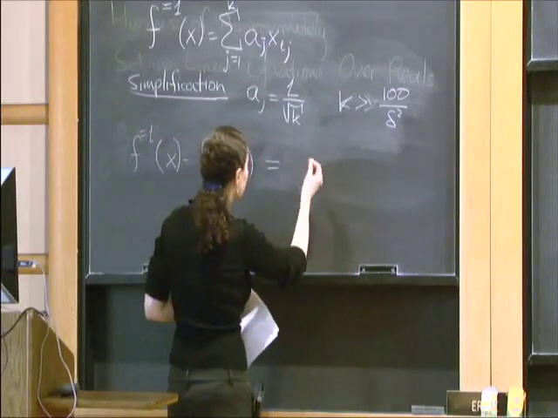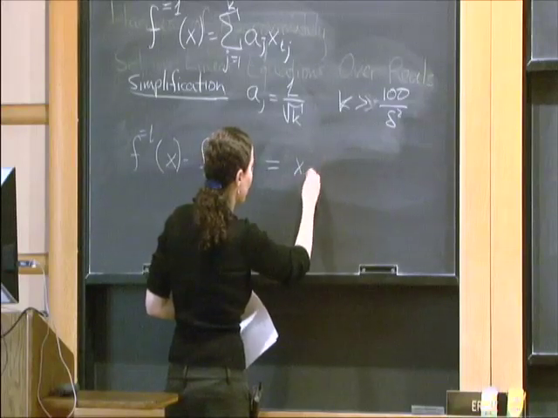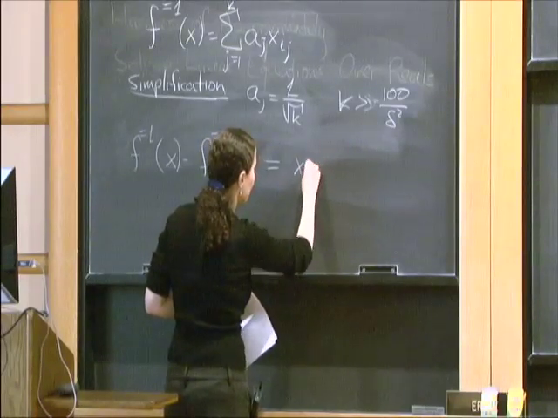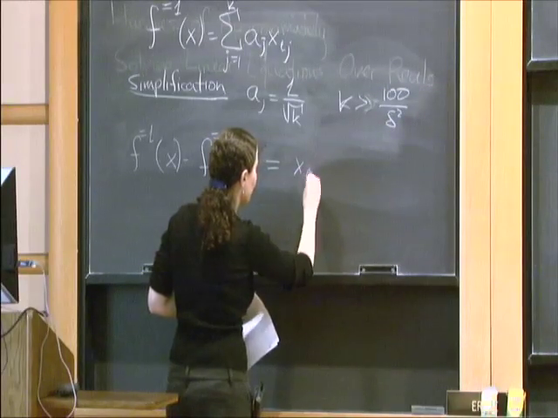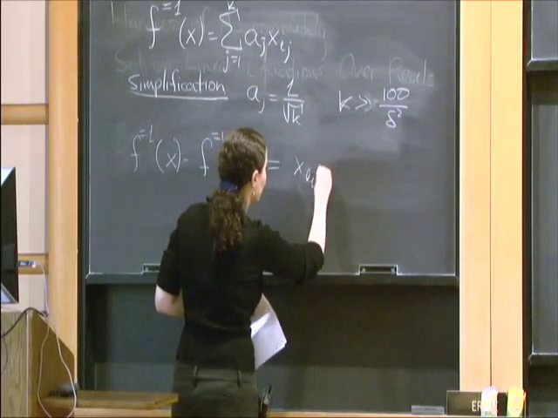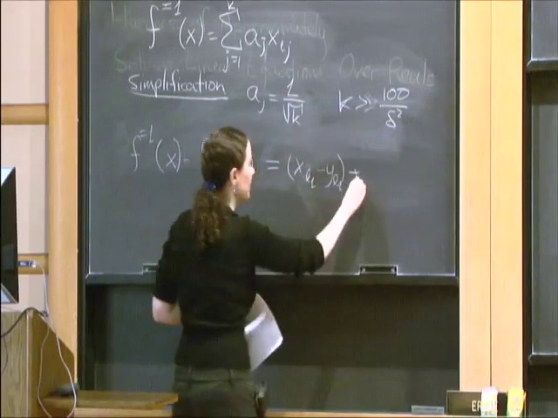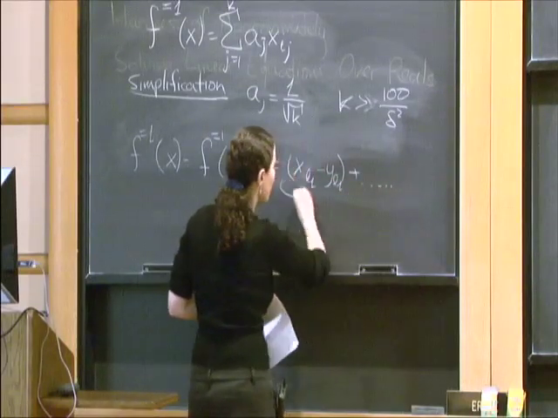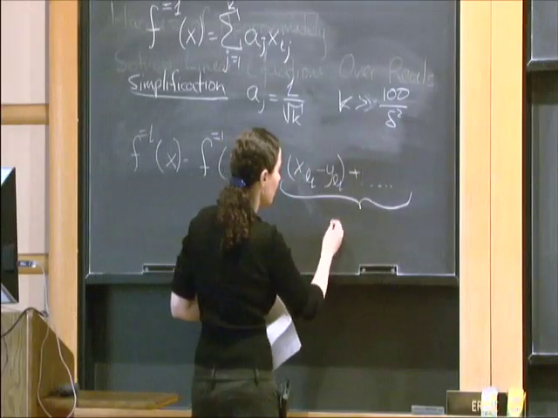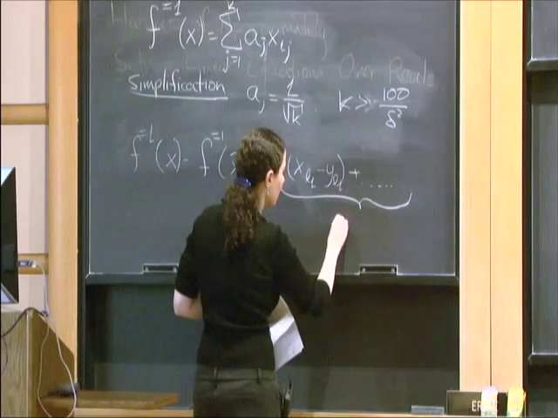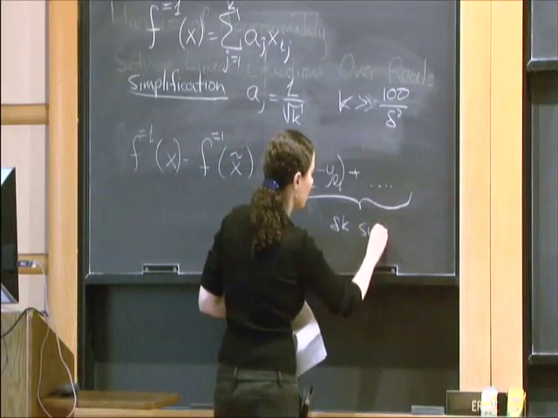So I have those x_i, whatever, x_i minus y_i, plus, for something which is with high probability, I have those delta k summands.